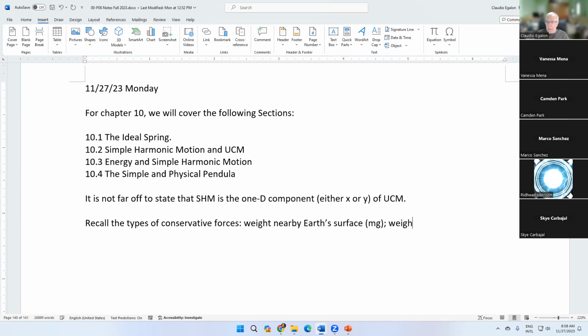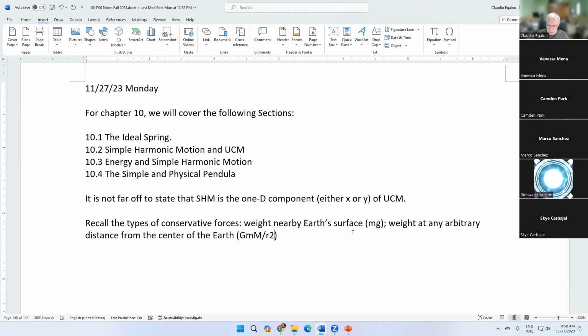The weight at any arbitrary distance from the center of the Earth, which is a formula a little bit more complicated, big GM divided by R squared.